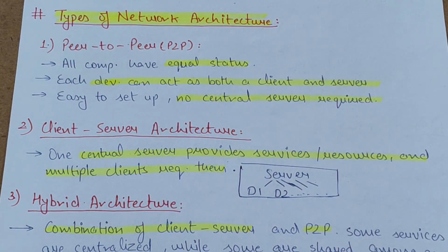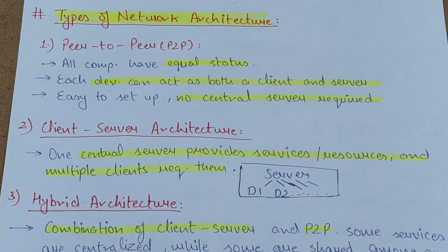We can reverse the situation, that is, D1 can act as a client and D2 can act as a server as well. There's no harm in this P2P situation where multiple roles cannot be followed at the same time. Each device can act as both a client and a server at the same time, and it is also easy to set up, that is, no central server required.